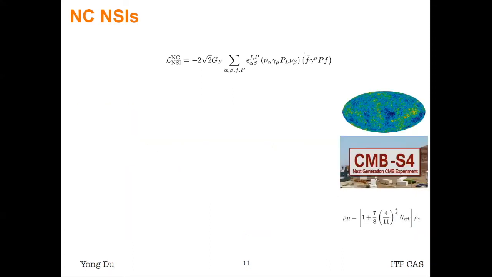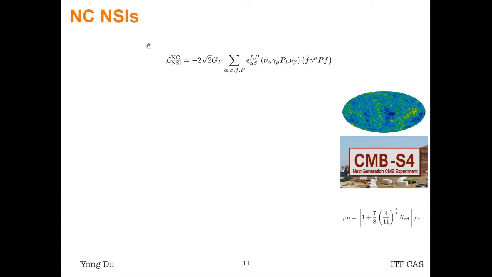Well, in the electron case, meaning when the fermion is an electron, these neutral current NSIs have only been studied in the case of long baseline neutrino oscillation experiments, where the matter effects become significant.